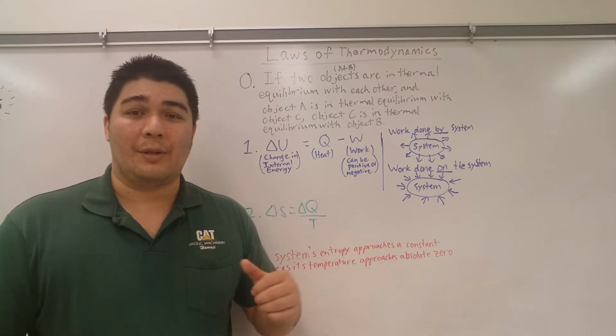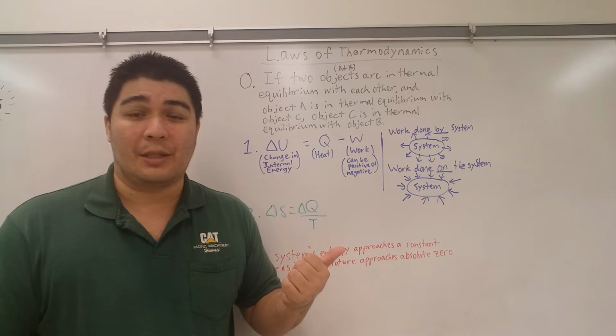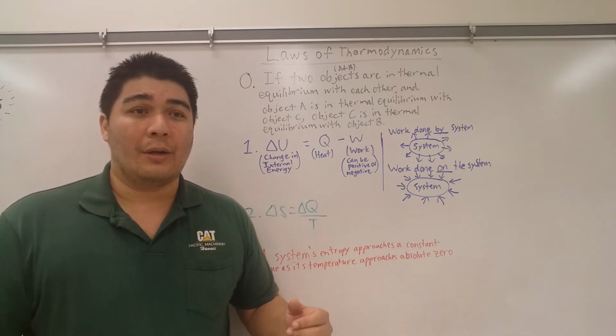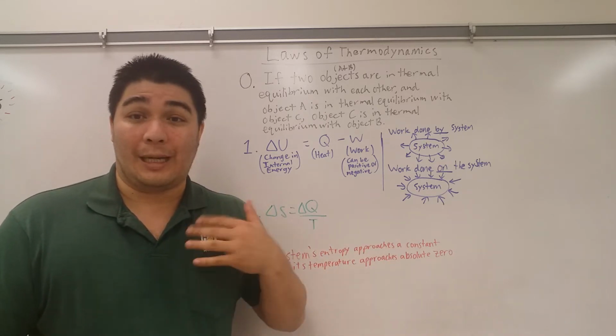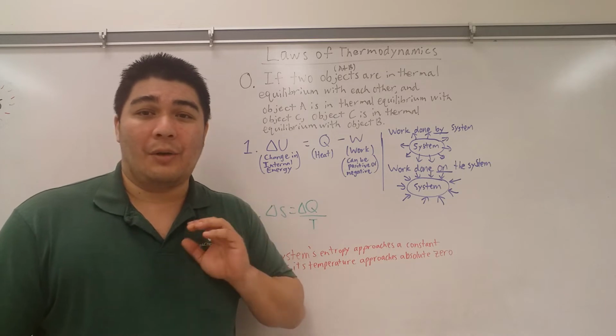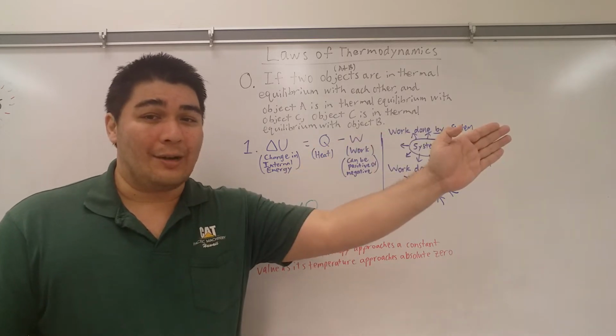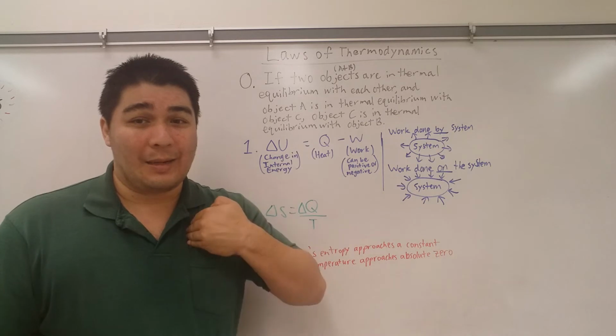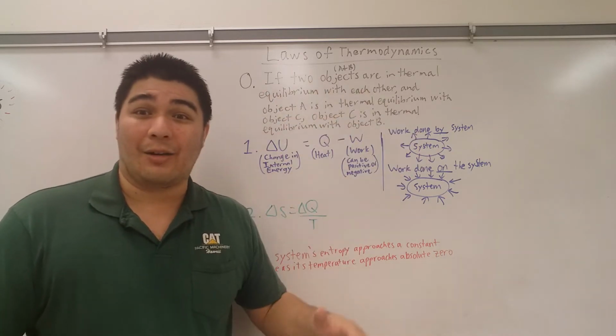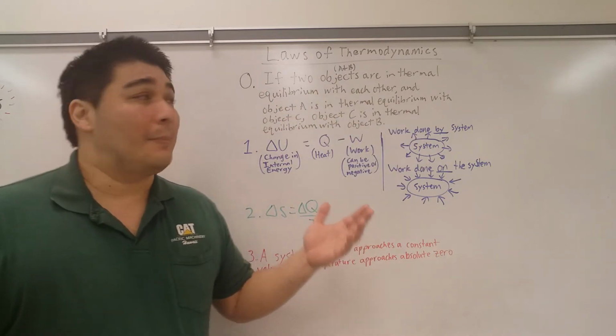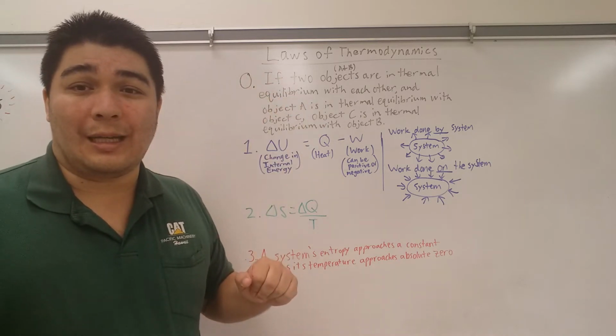Like I didn't have any sweat left because it was just too dry, or I was already at the body temperature that I wanted to be. So however much heat I'm radiating out is as much heat as is getting pushed into my body from the outside air. So that would be an example of the zeroth law of thermodynamics.